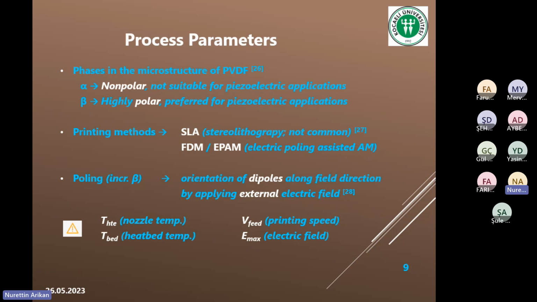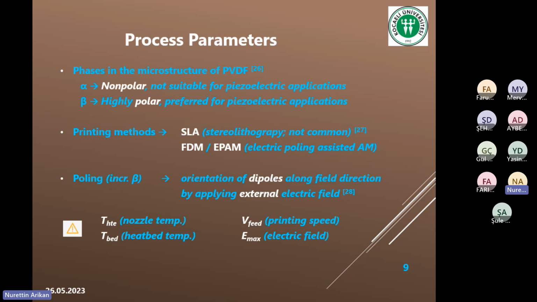What is it used for? It's the method to make it possible the orientation of dipoles along field direction by applying external electric field or thermal treatment, thermal forces. And I will show some tables, and here the abbreviations. Nozzle temperature is THTA, heat bed temperature, printing speed, electric field, and so on.